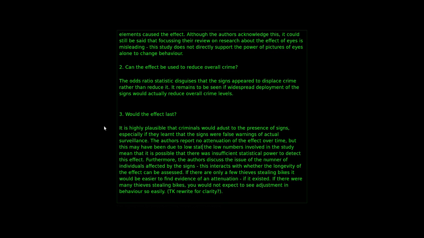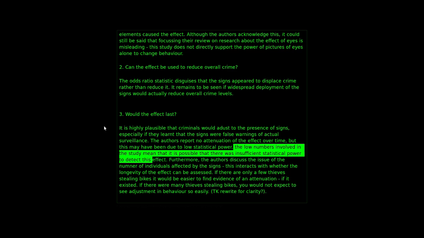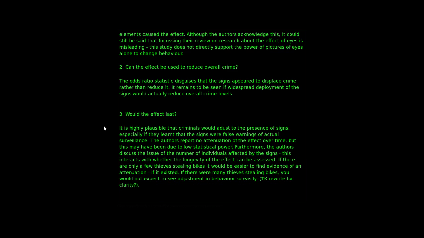When you don't have space, it's okay to skimp on some of the explanation, because we're assuming a reader who is as informed as you are. They've read the paper like you have, and they just want to be convinced by your argument about it.